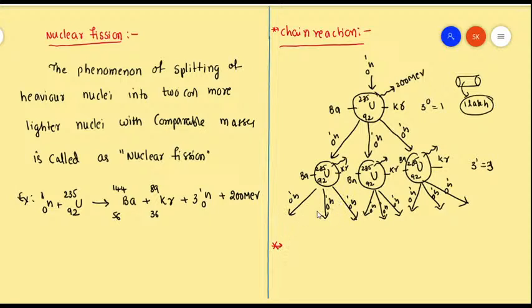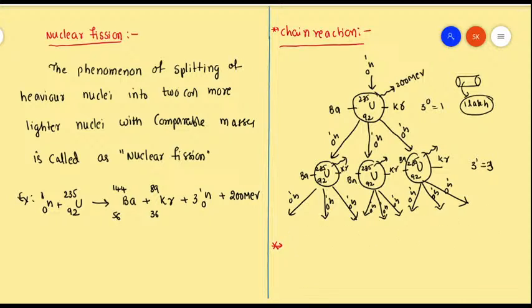In the nuclear bomb, nuclear fission takes place. In each fission, energy is released. Fission means splitting. If you want to stop the fission, because this will become uncontrolled: only the first uranium undergoes fission, next 3 uraniums, next 9 uraniums undergo fission.